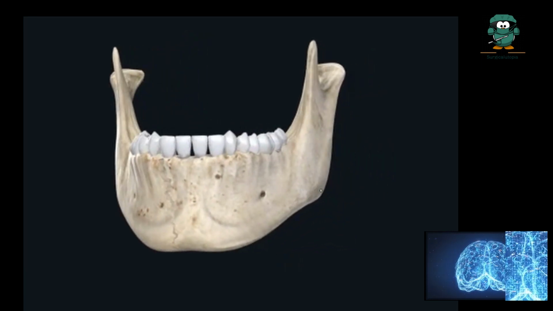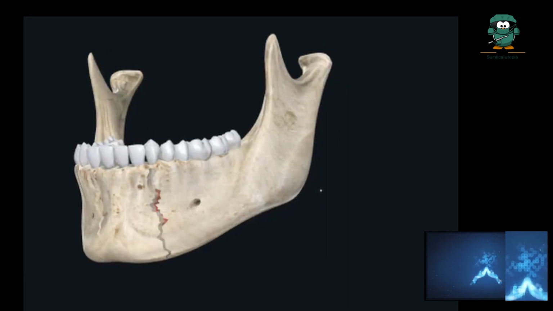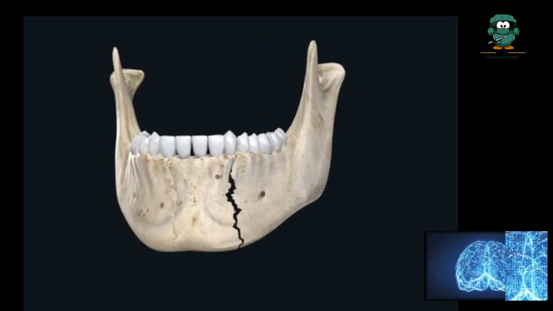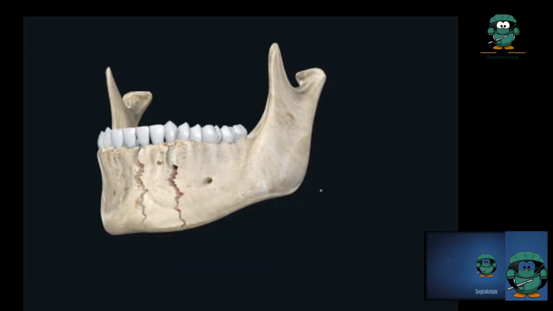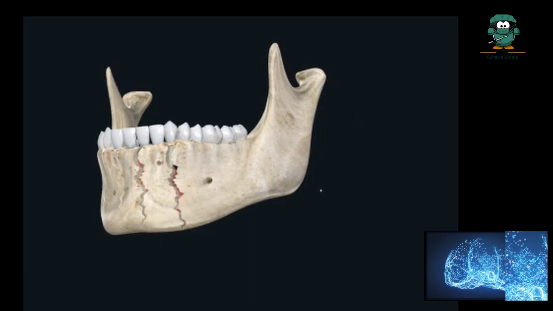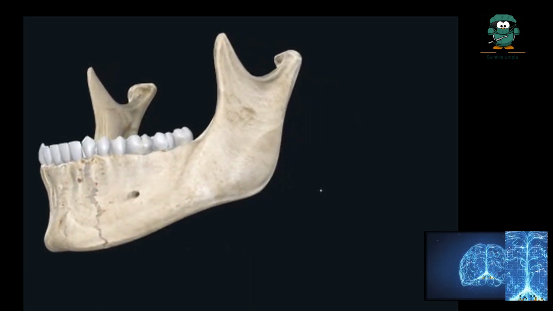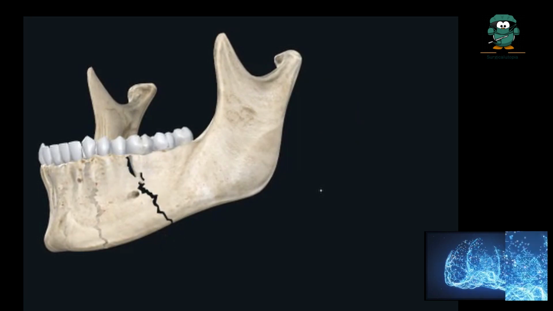Similarly, this is the parasymphysis fracture running from here on the left side. Next is the body fracture. The body fracture will occur over here in the corpus mandibular region.